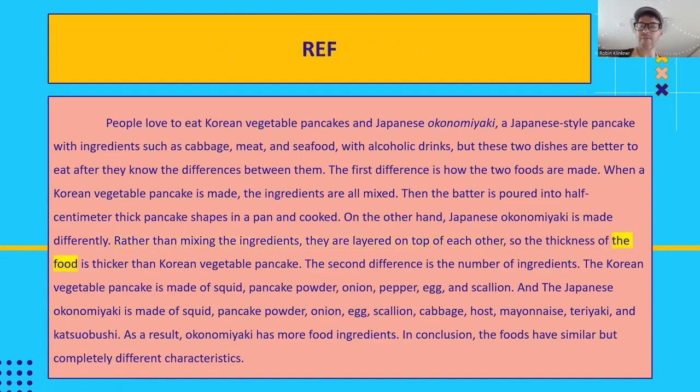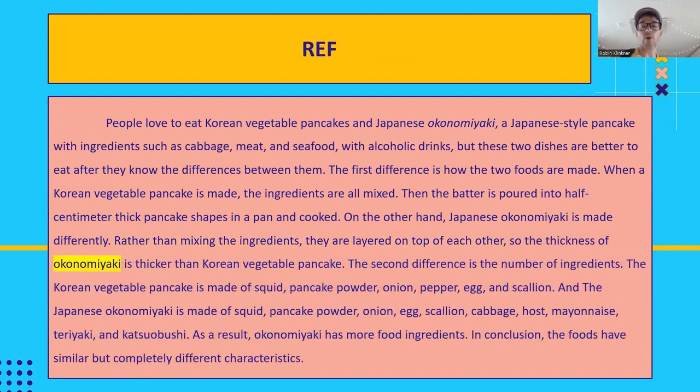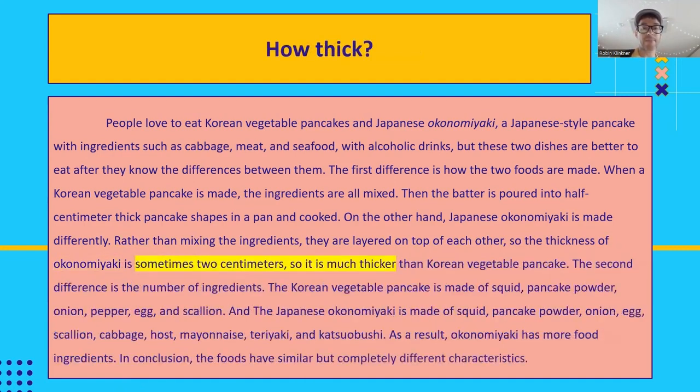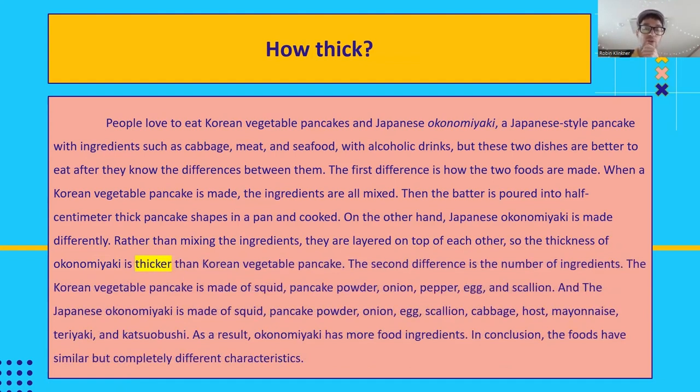So the thickness of the food, once again, what does the food refer to? The thickness of okonomiyaki is different. I'm sorry, is thicker. It is sometimes 2 centimeters. So let's get more detailed so the reader can clearly imagine the difference.